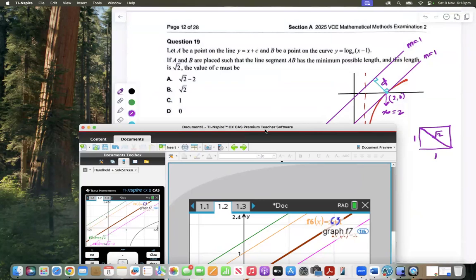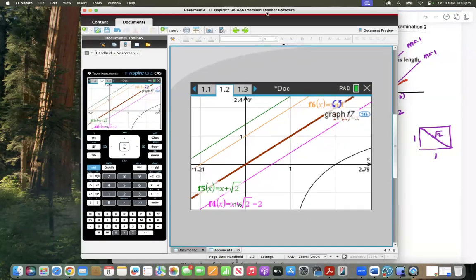Therefore, the appropriate graph here is the brown colored graph, this graph. Okay, it is that one, right? So the brown color graph, which is just the y equals x graph.